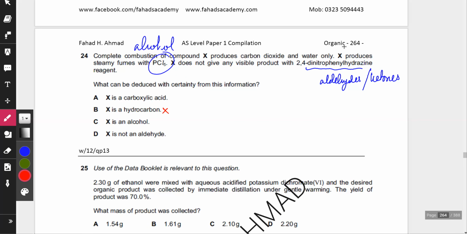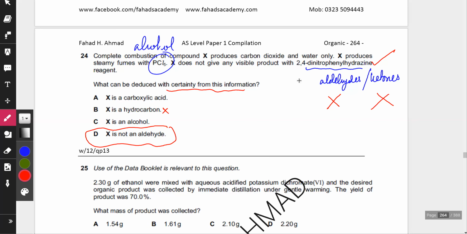The option that can be deduced with certainty is that it's not an aldehyde. I mean that's 100% correct. If it's not giving a test with 2,4-DNPH, it's not an aldehyde and it's not a ketone. That is the only thing that's certain, 100% true. So he was saying what could be deduced with complete certainty.